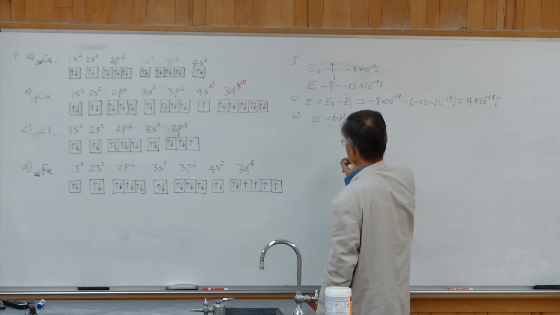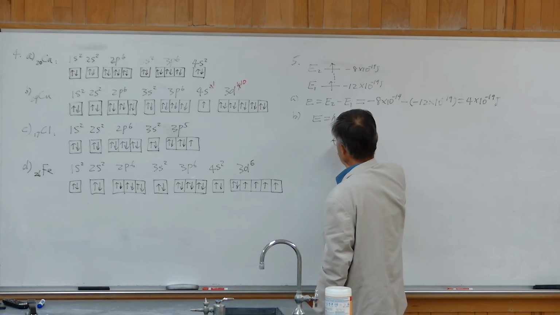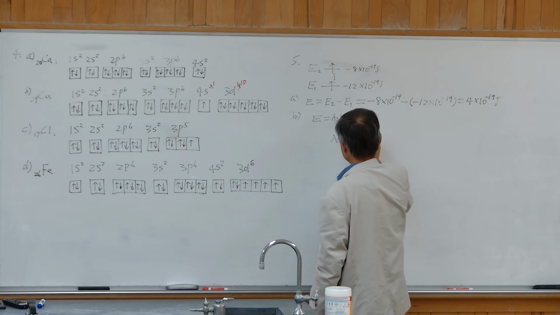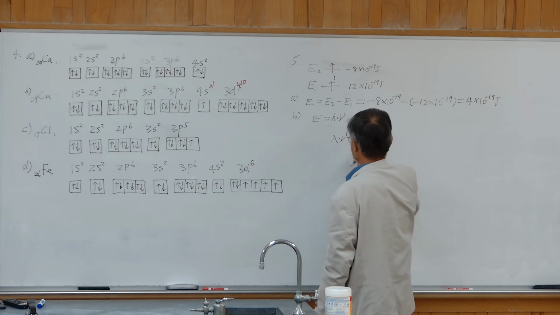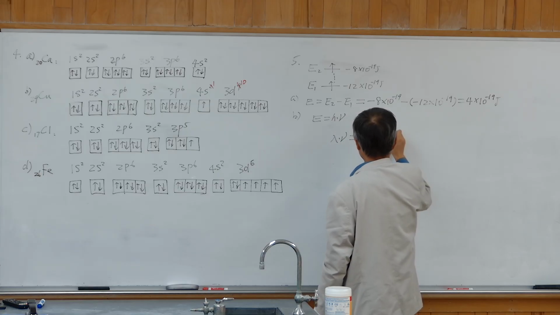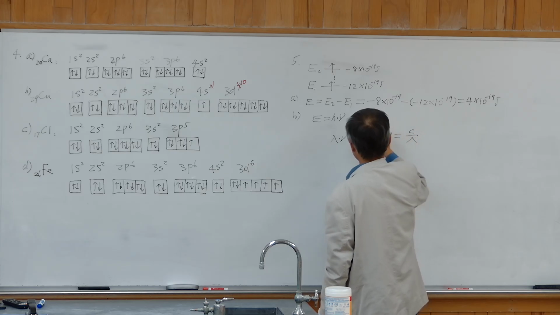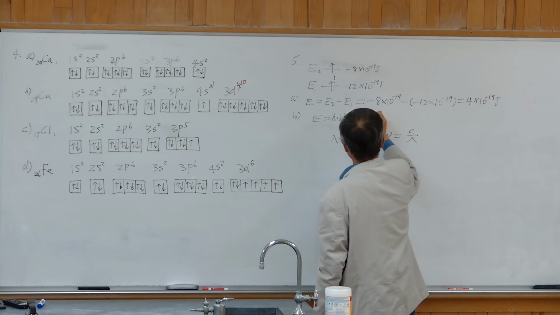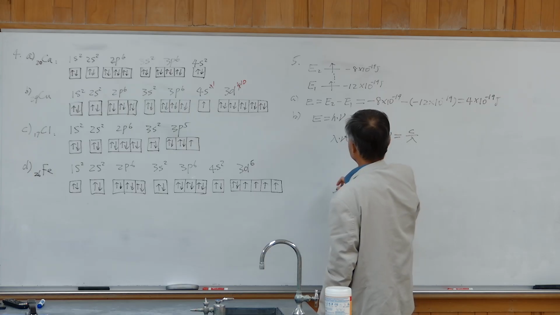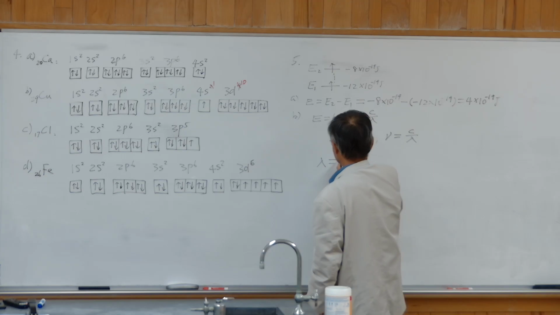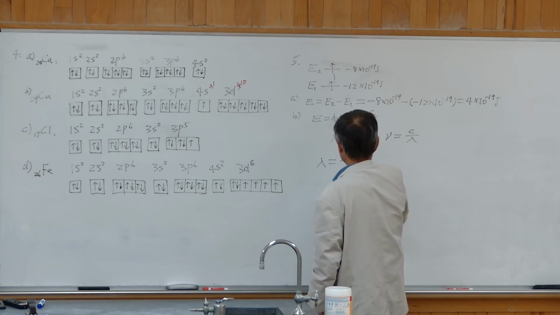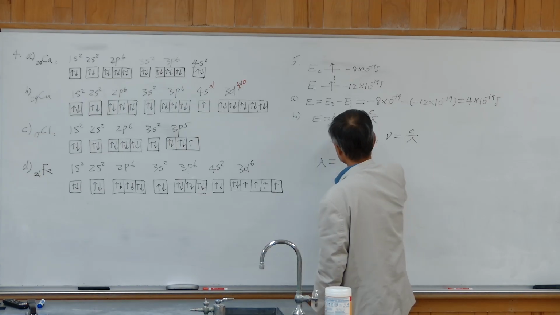So we need to use the wavelength-frequency relationship: wavelength times frequency equals c. So frequency equals c divided by lambda, right? So E equals h times c divided by lambda. Then we switch E with lambda. So lambda equals h times c divided by E.